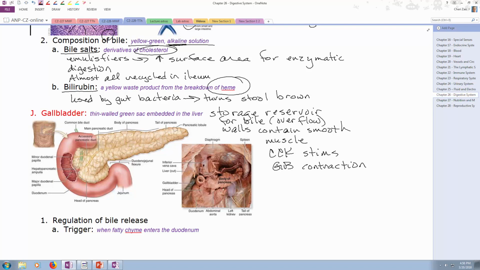So you have to understand the duct system is also all smooth muscle. And so the liver, remember, is going drip, drip, drip into this tree that no longer has the overflow reservoir. And so what do you suppose over time will happen to the little straws, so to speak, of the duct system? They start to expand. And so that's the other nice thing.